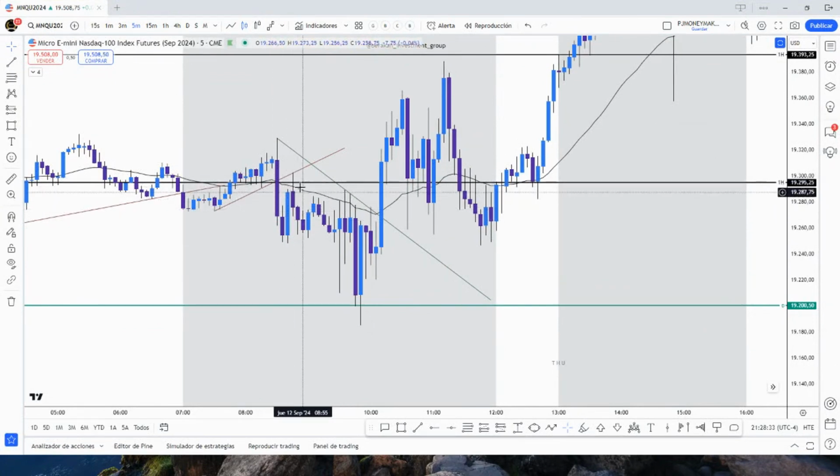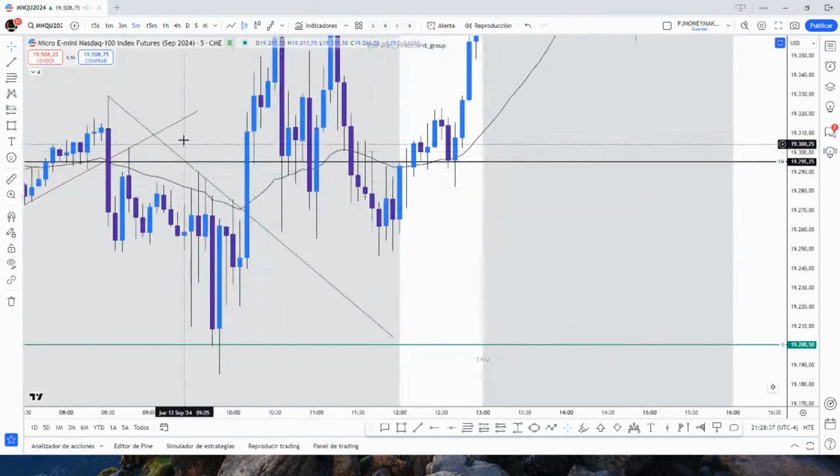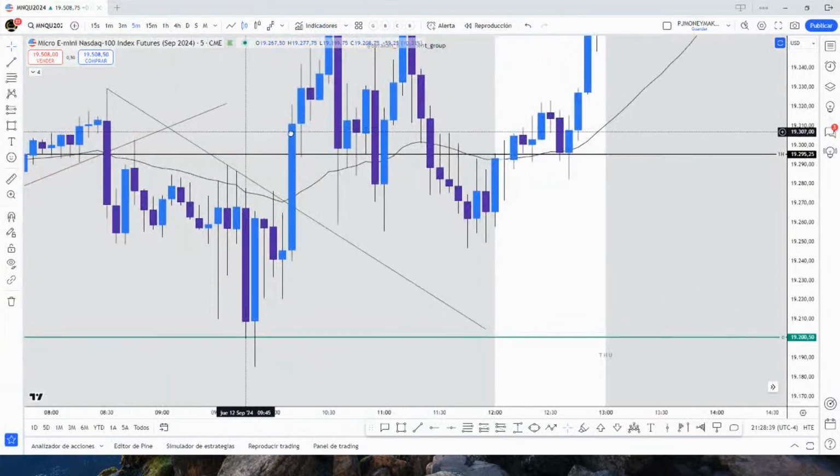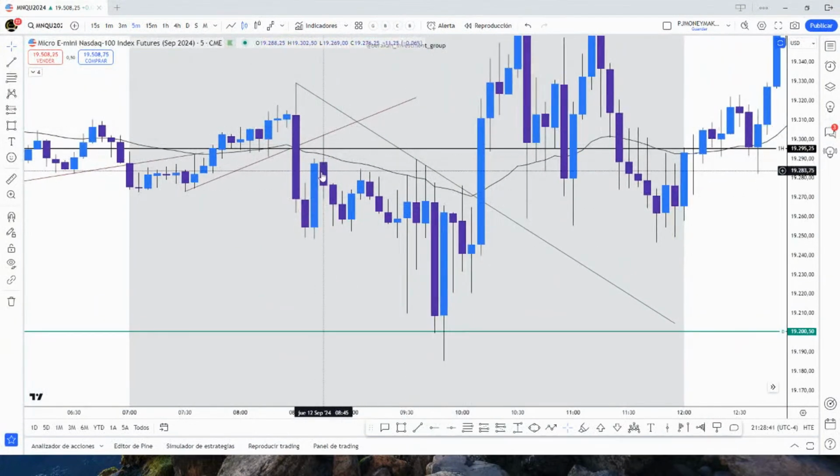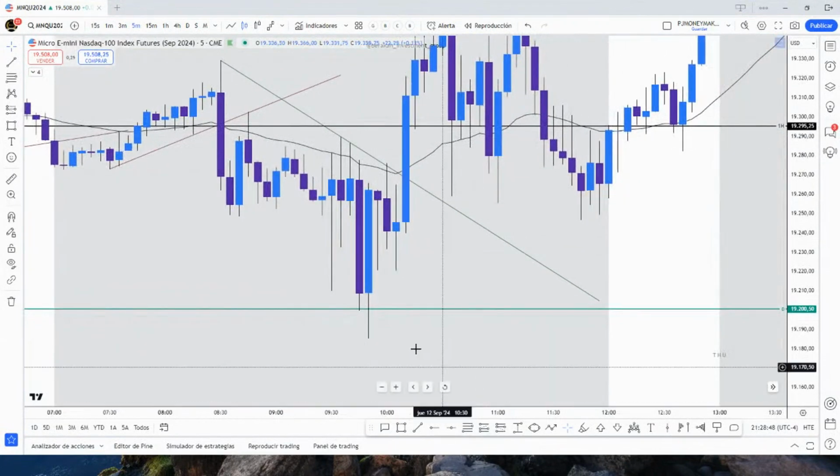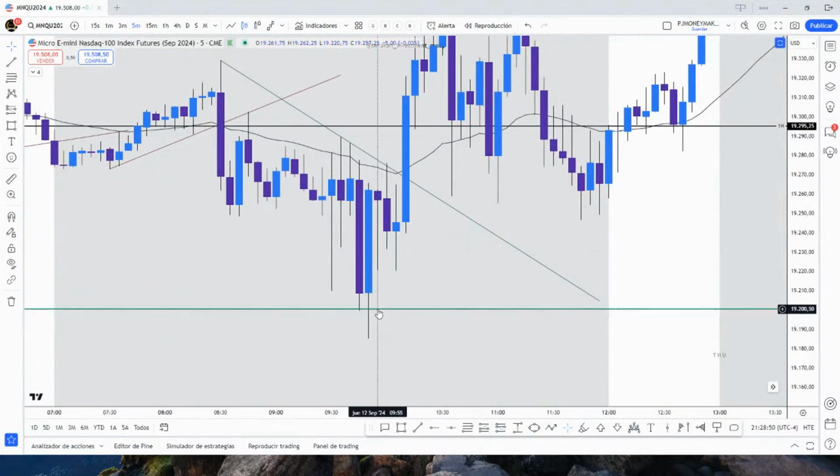Right here you can start looking for a trade. If we're looking for a trade here, where's the engulfing? It's right here. You see the engulfing right here? So you know you got this line as a TP. The engulfing is here.